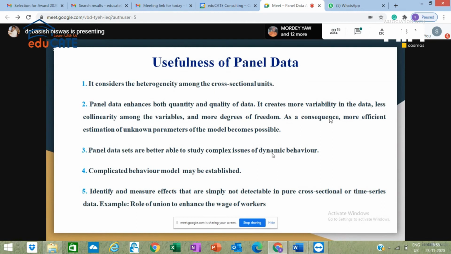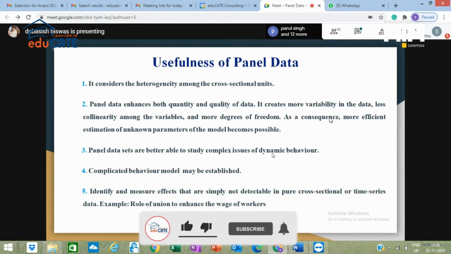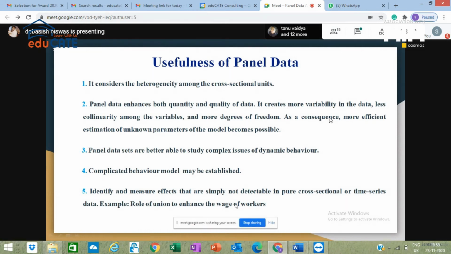Some social issues are there, and if we are going to address them properly, then sometimes we have to consider cross-sectional units as well as time units. Only a cross-sectional study is not suggested, or only a time series study is also not recommended. Just for example, I have written one statement here.